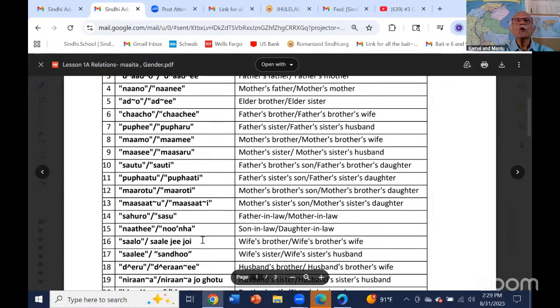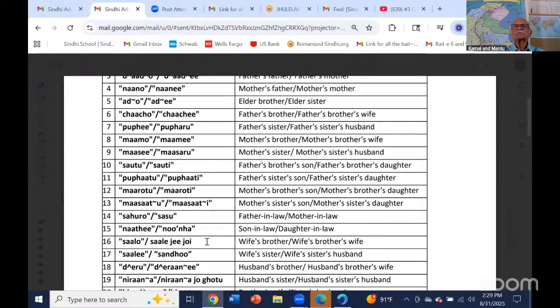So, Salo and Sali. Wife's brother is Salo, and his wife is Sali. No, Saleji Joy, sorry.